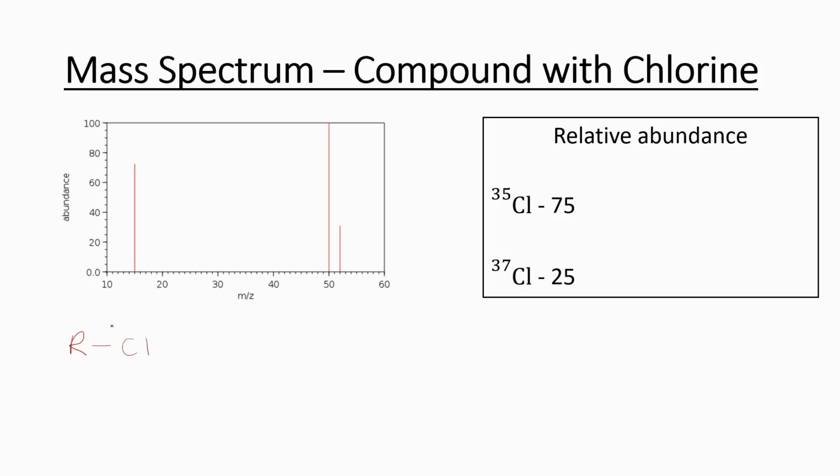Now, this could be Cl35 or Cl37. Because there's only one chlorine, we don't have different combinations of Cl35 and Cl37. We can only have Cl35 or Cl37 in the compound. We don't have both at the same time. And this makes the mass spectrum simpler to understand.